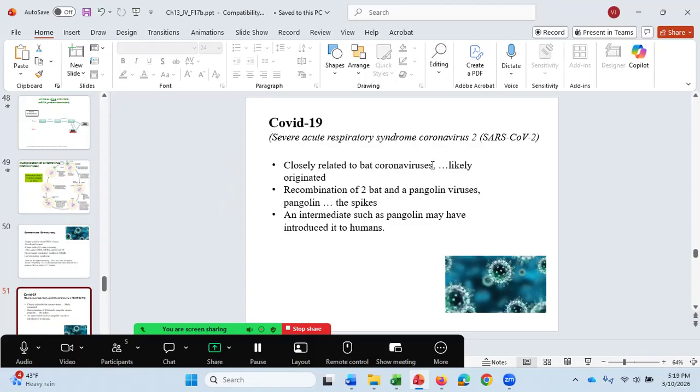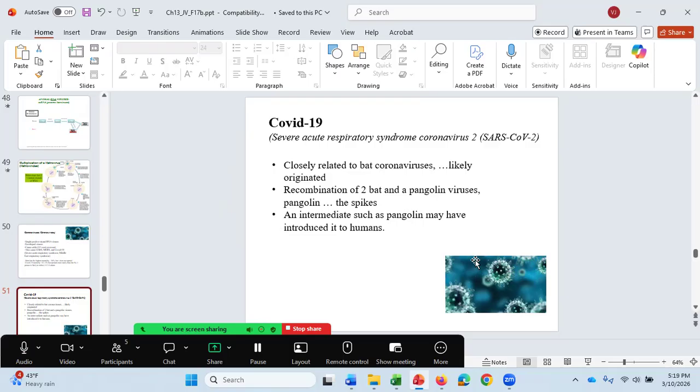The pangolin coronavirus only encoded about 10% of the original COVID-19, but it was an important part. It encoded for the spikes, and it was because of these pangolin spikes that COVID-19 was so infectious in humans, and also why it could spread to humans.